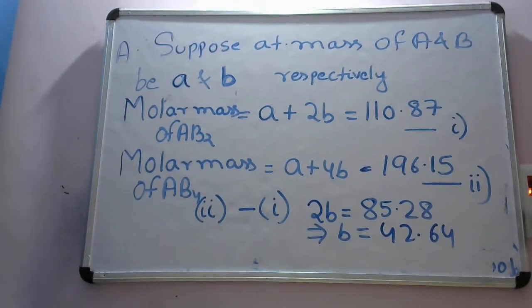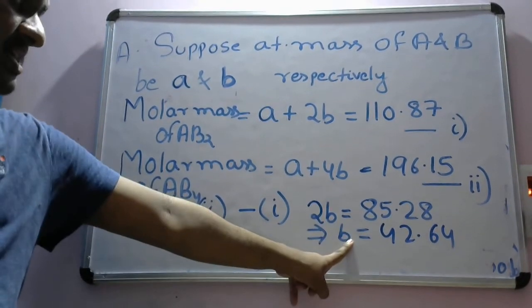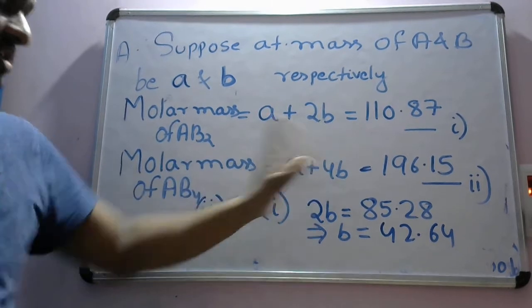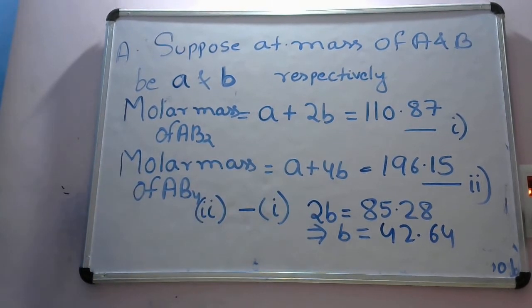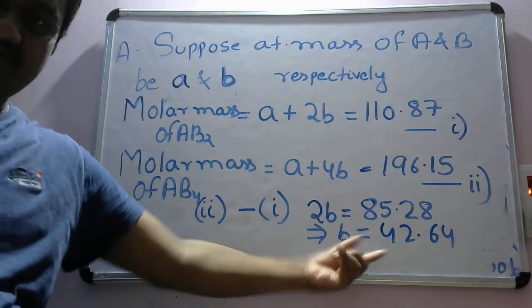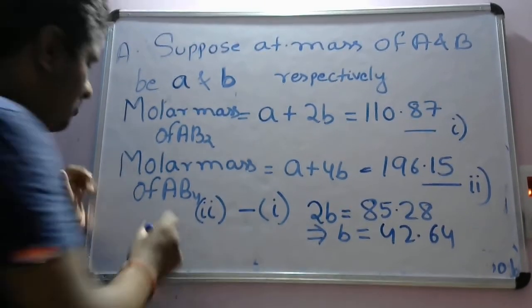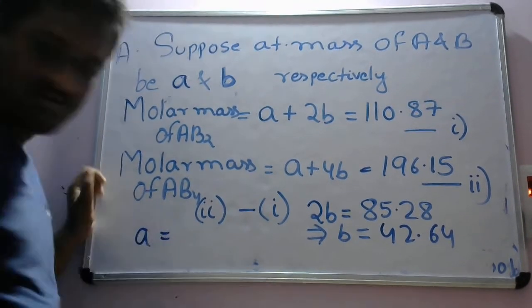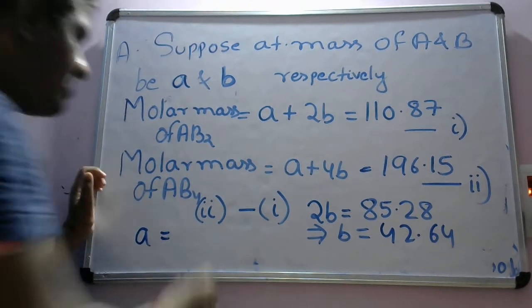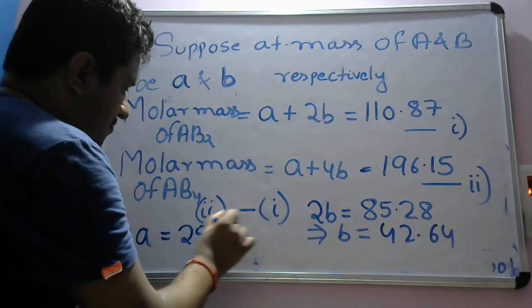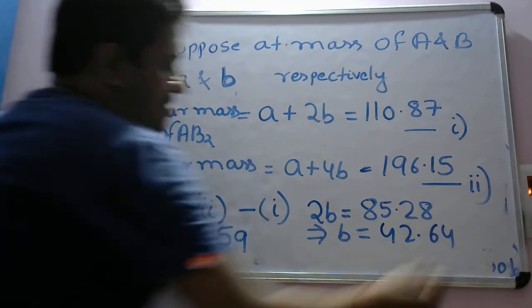Now we got the value of b. You substitute it in any one equation, and you will get the value of a. Substituting this value of b in any one equation, the value of a you will get to be 25.59 grams.